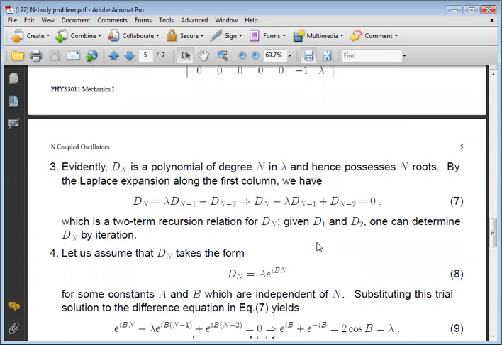Now, the standard approach is that once we find Dn, which is a polynomial of degree n in lambda, then we have to find the n roots. If n is huge, this root finding procedure may not be so easy.